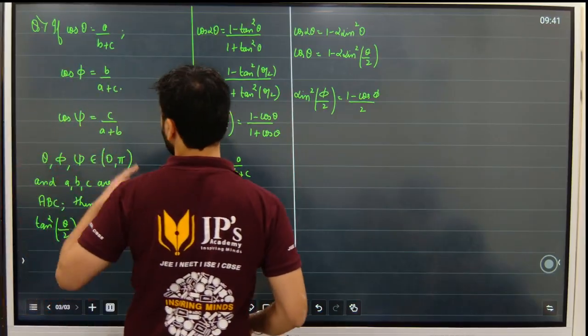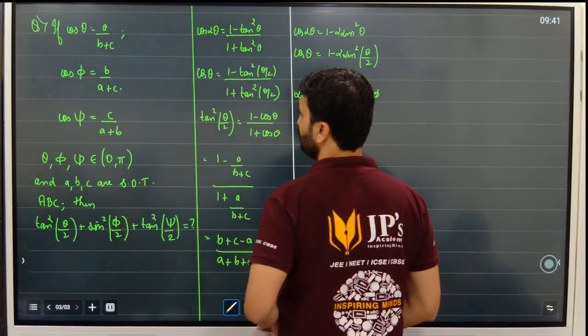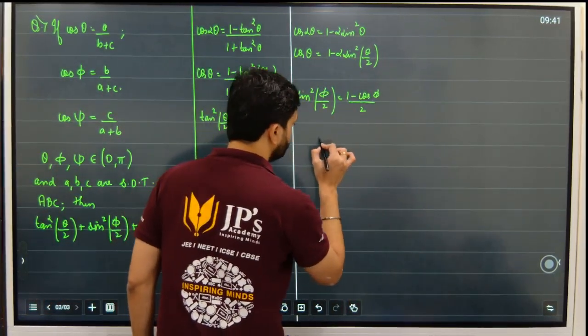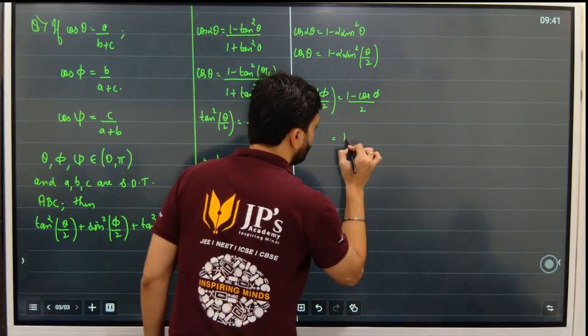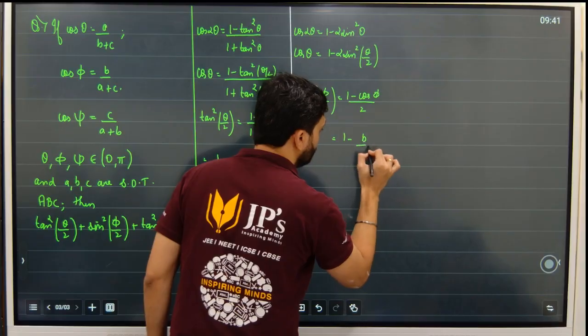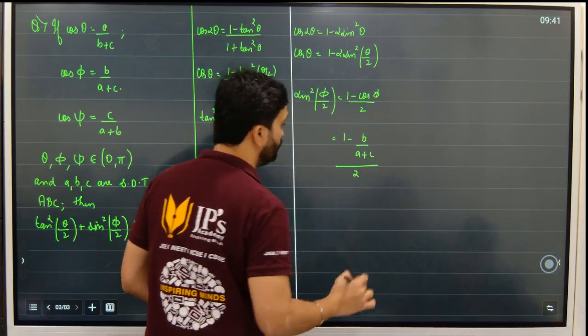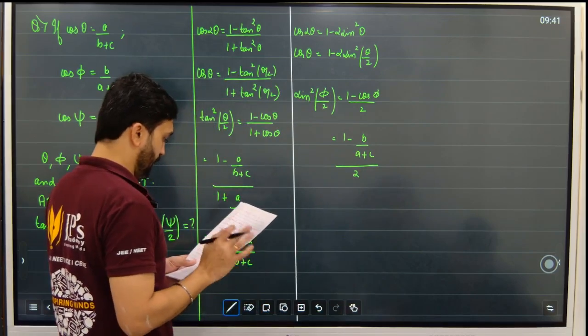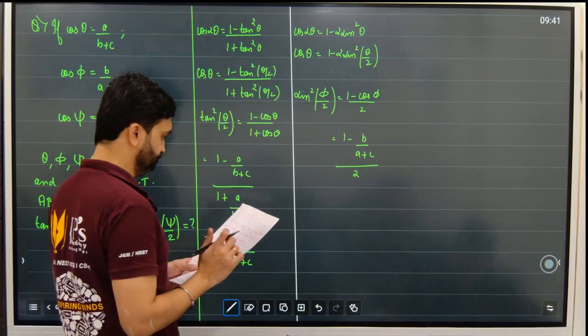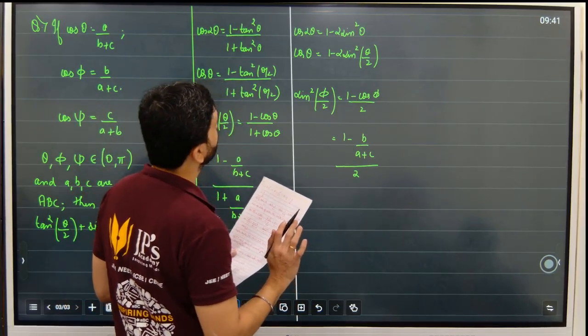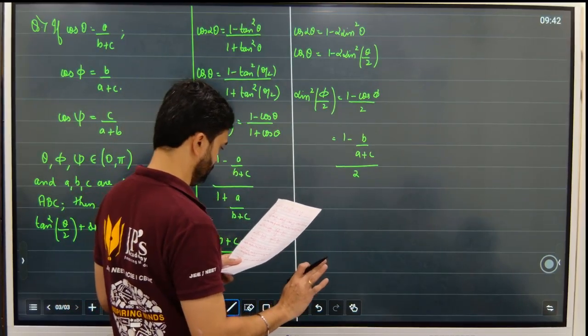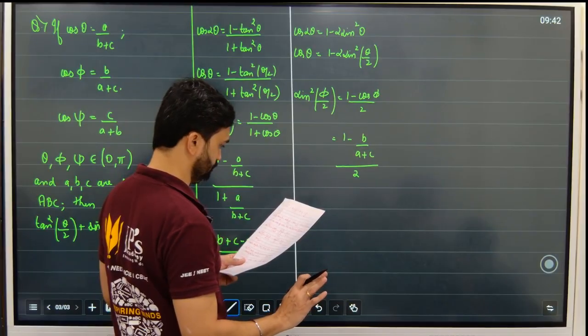And the value of cos phi I have is B upon A plus C. So see what happens, it will become 1 minus B upon A plus C the whole upon 2.